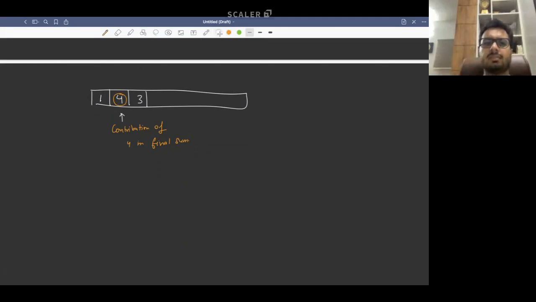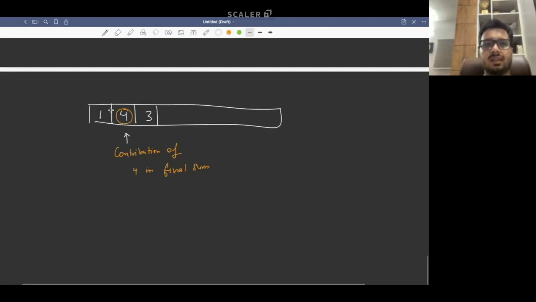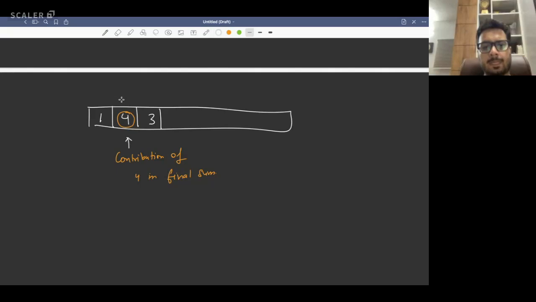Now, the thing is very simple. Any subarray that starts either at 4 or before 4 will include 4. Yes or no? Any subarray whose starting index is less than or equal to the fourth index will include 4.